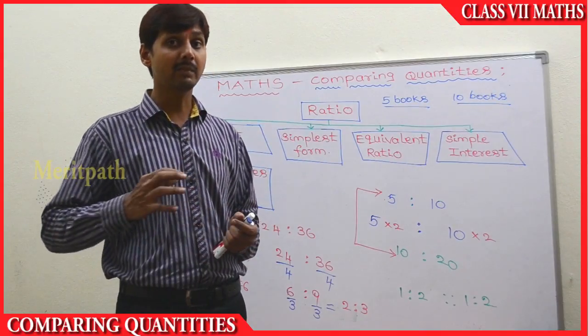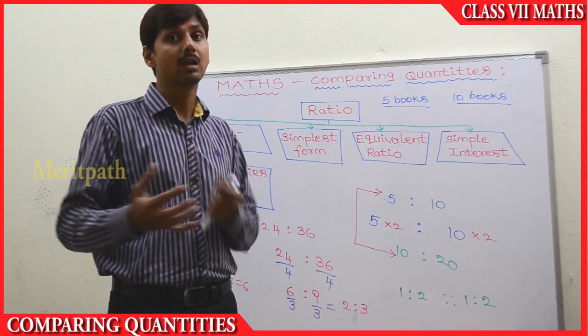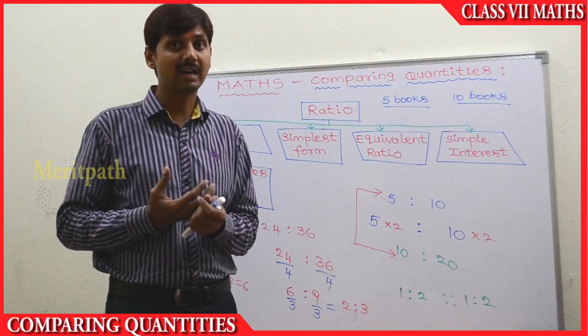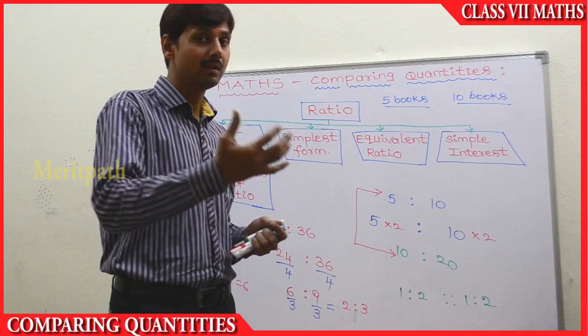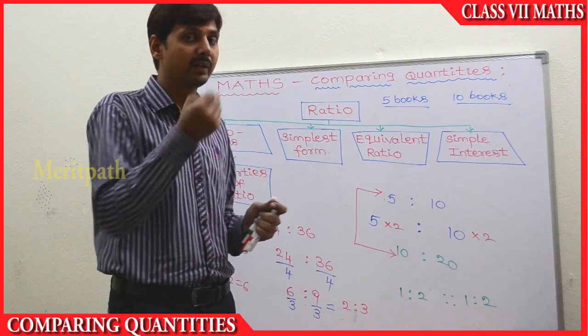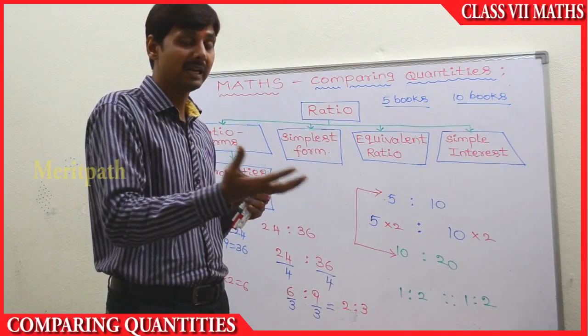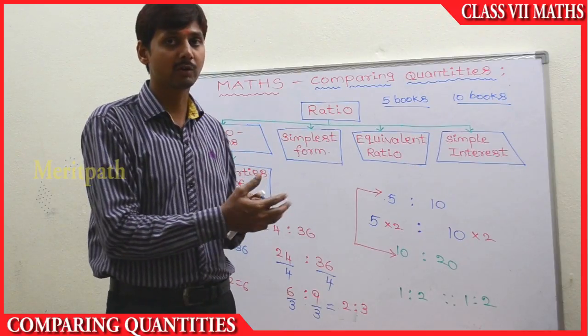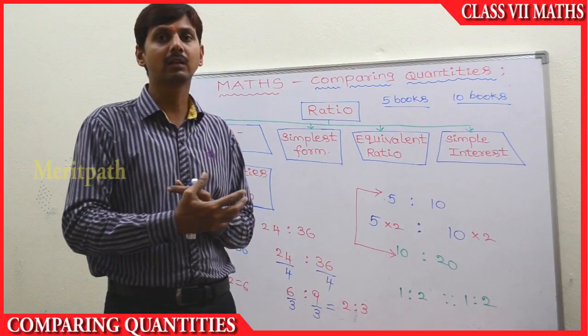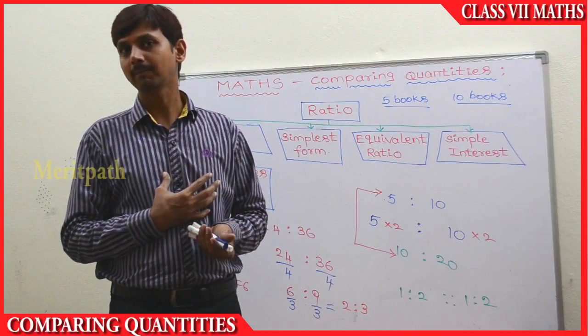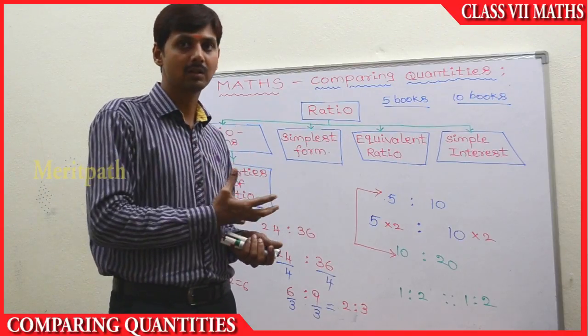We need to pay some extra amount to the bank because we have taken a loan. So whatever amount we pay additionally along with the amount we have taken is called interest.